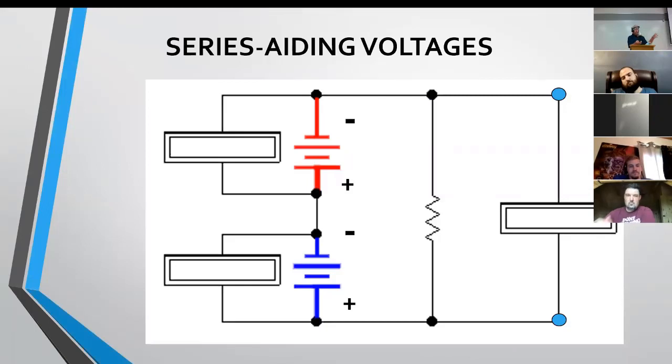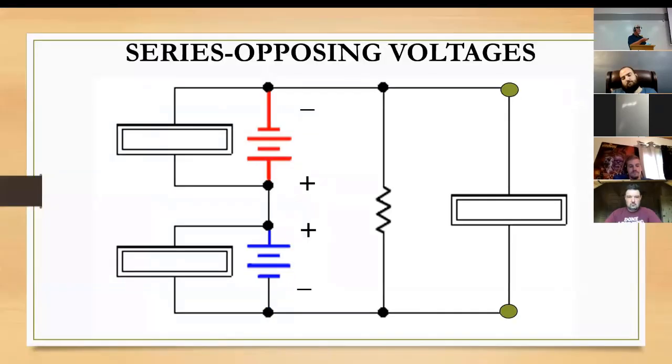We'll talk more about this in another chapter, but whenever you have voltages in series, the total voltage is additive. It's still additive, but they're opposing.